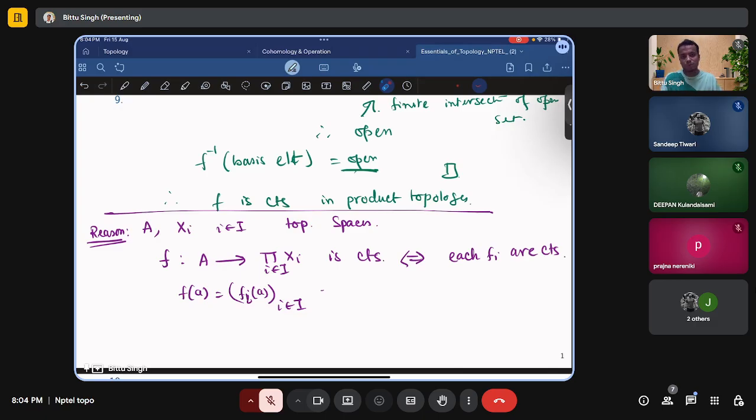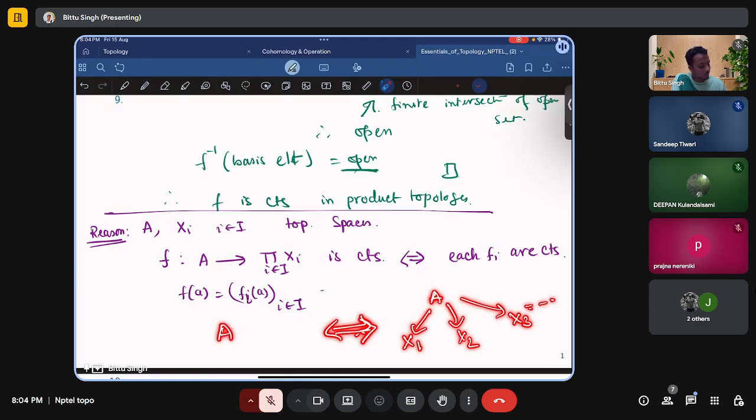Product behaves well with respect to continuous functions. The interesting thing is that considering maps A to X1, A to X2, A to X3, is equivalent to considering a single map from A to X1 cross X2 and so on.